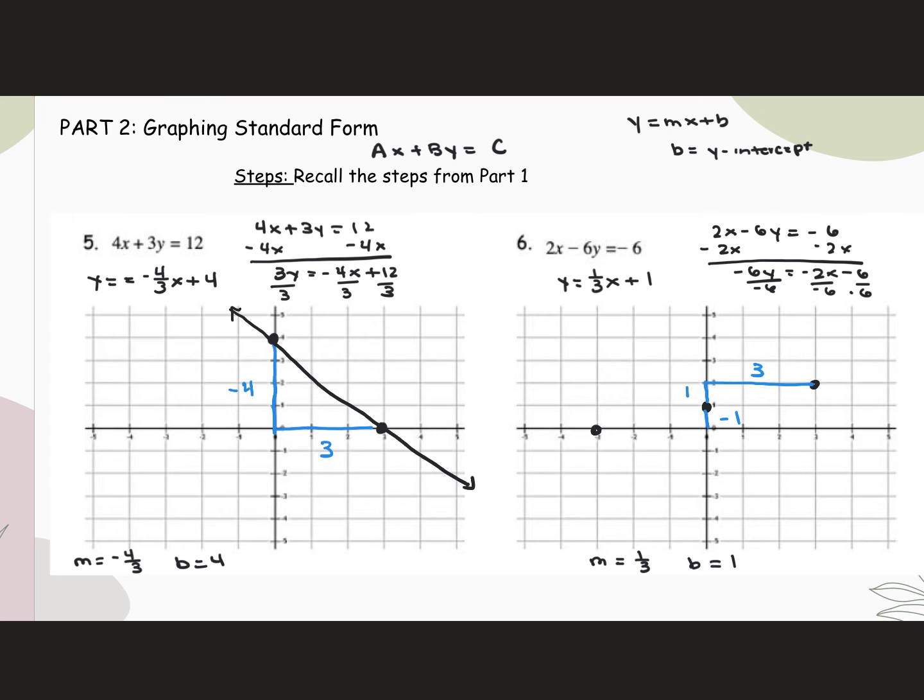I'm going down negative 1, and to the left is also negative. So I have negative 1 over negative 3, which is positive 1/3. And as you can see when I connect my points, my line is increasing because my slope is positive. We're still taking on that same concept we learned last time. It's just that our equation is in standard form rather than slope-intercept form.